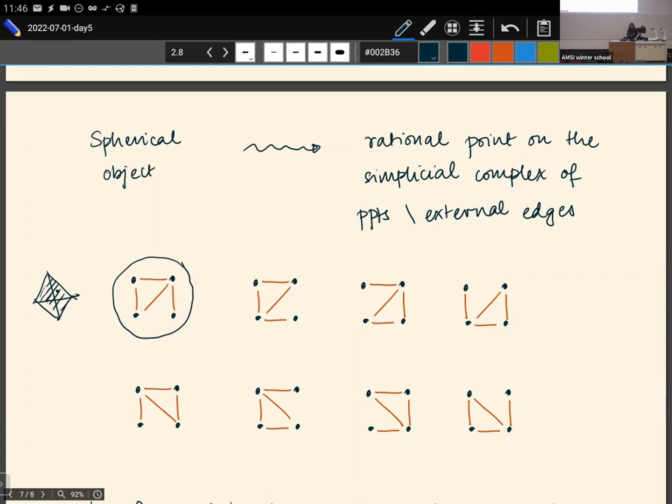I haven't explained any of this, so I apologize, but the way I get from a picture like this to a 3-simplex is I look at the tuple of all of these weights up to simultaneous positive scalar. So if I have an integer for each edge here, I'm going to get a rational point inside of the corresponding 3-simplex.